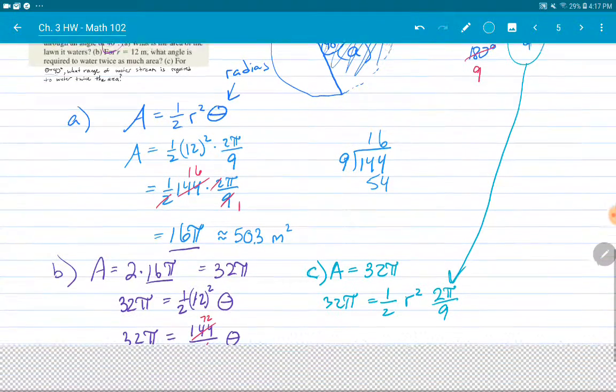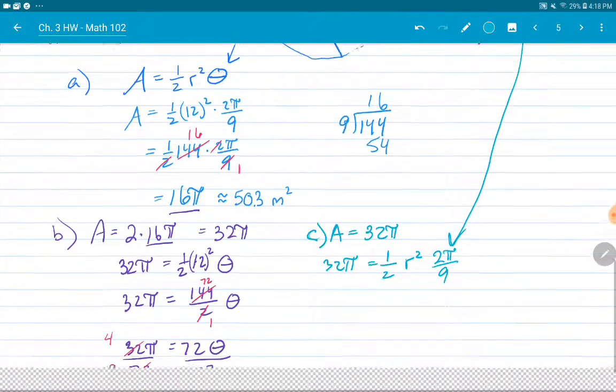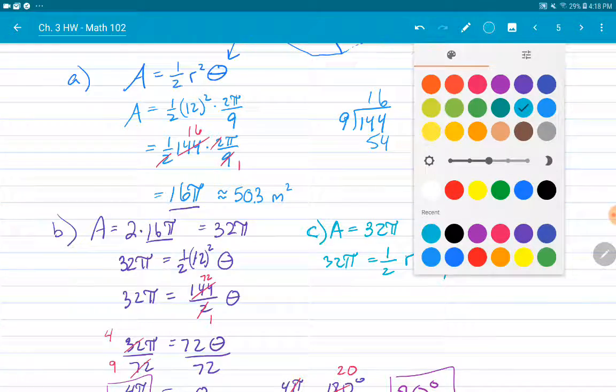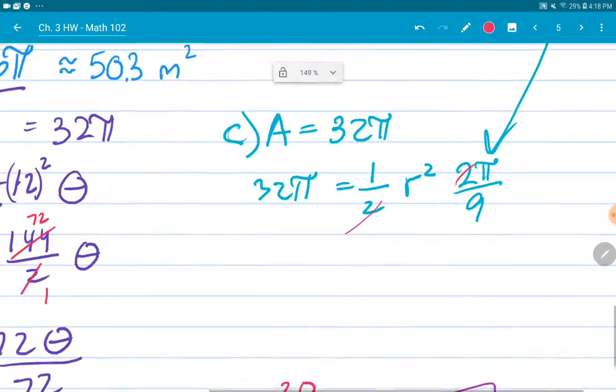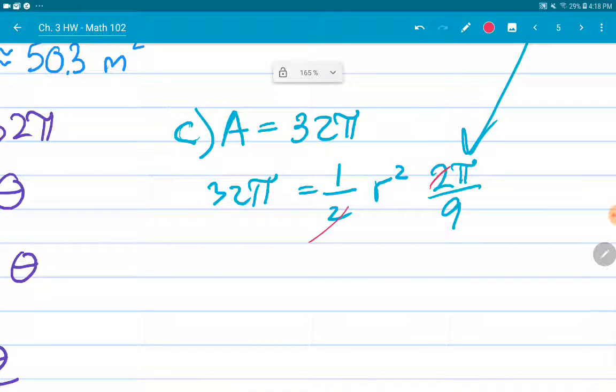Okay, so solving for r, these twos will cancel, and I'm left with, on the right I have r squared pi over 9, and on the left I have 32 pi.